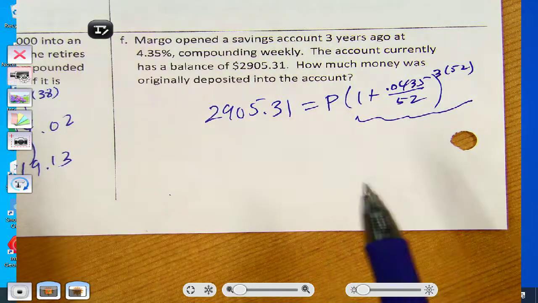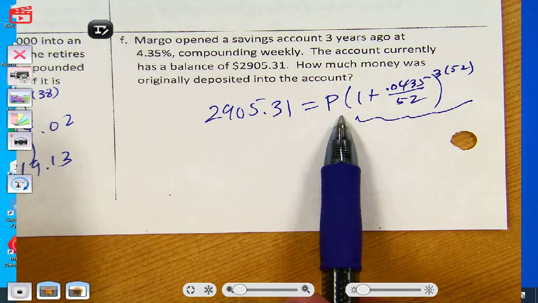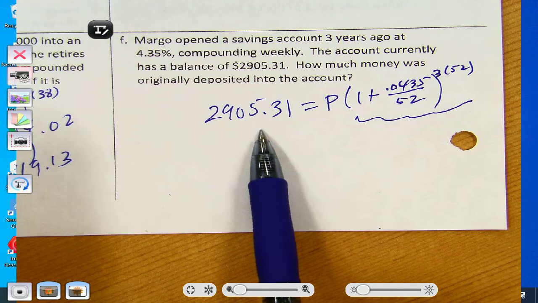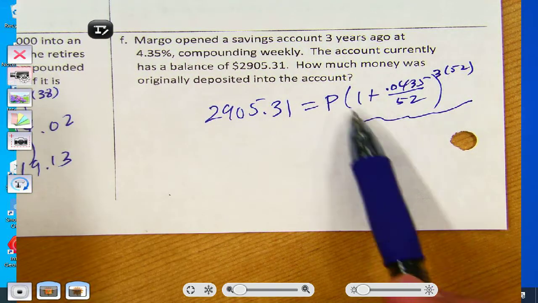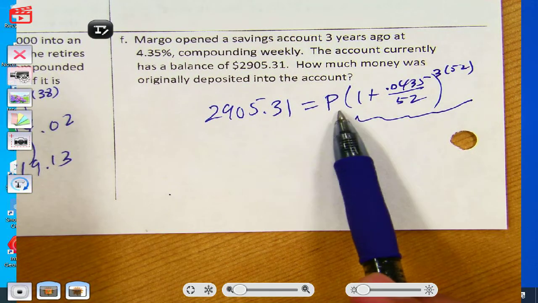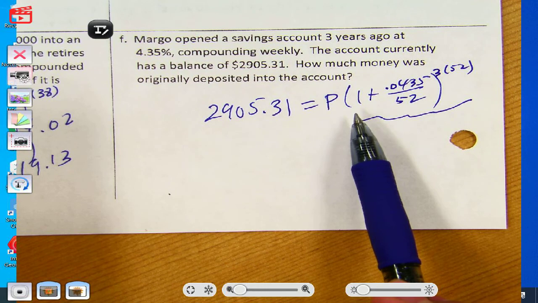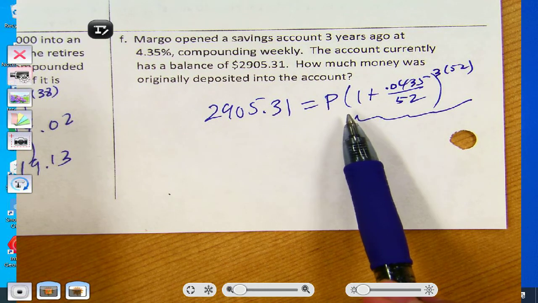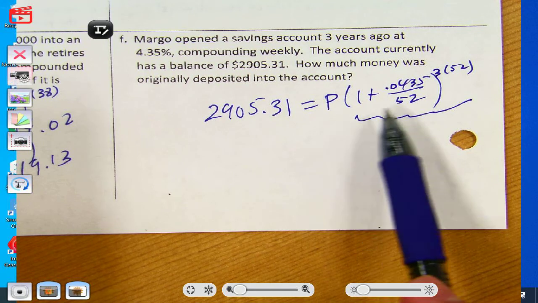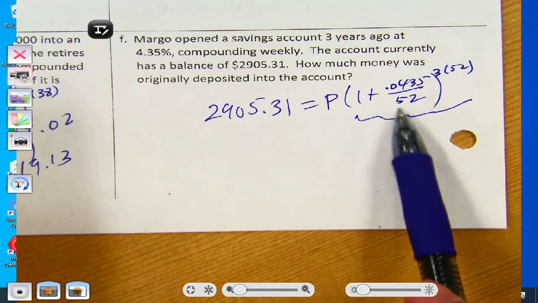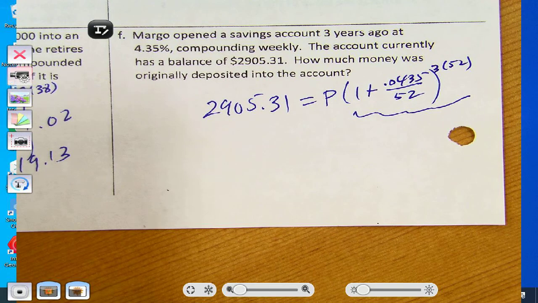Now, I want to figure out what the principal is. I have the current amount right here. Since that's just a regular number, how do I solve for P? All you're going to do is divide by that number. Exactly, good job.